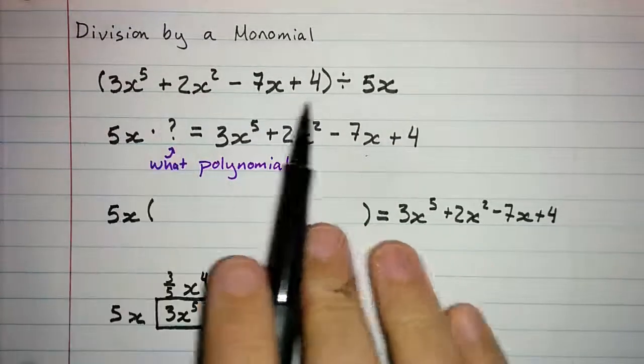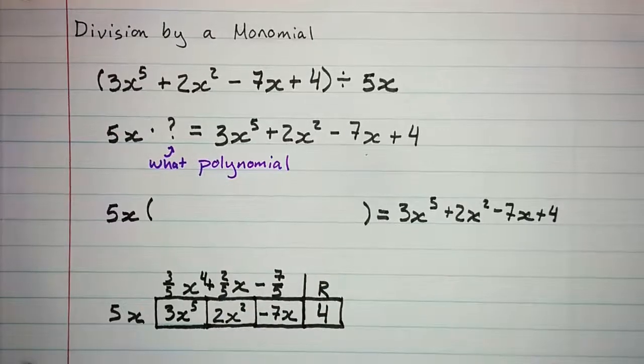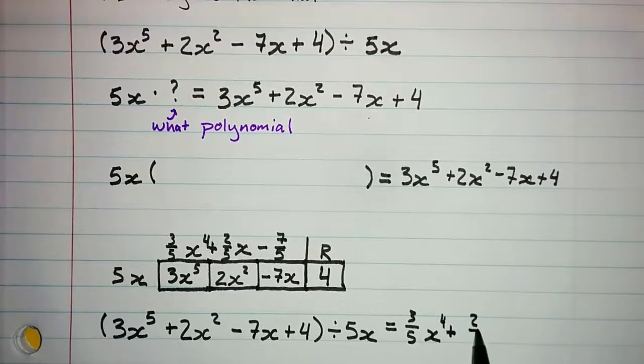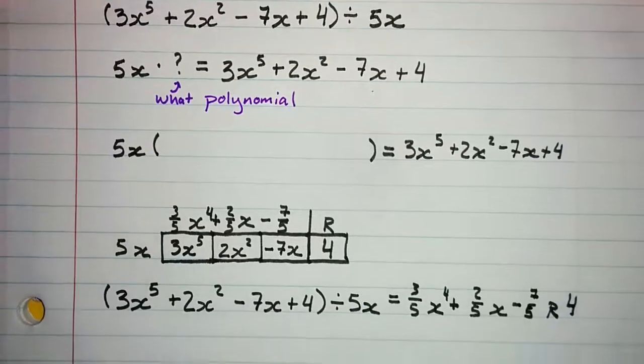This gives me the answer to this division problem. This polynomial divided by 5x is 3/5 x to the fourth plus 2/5 x minus 7/5, remainder 4.